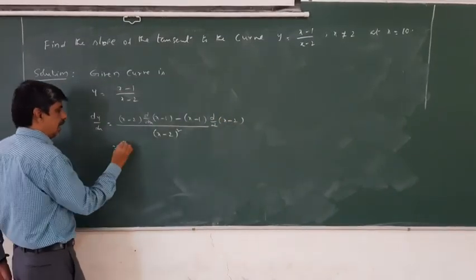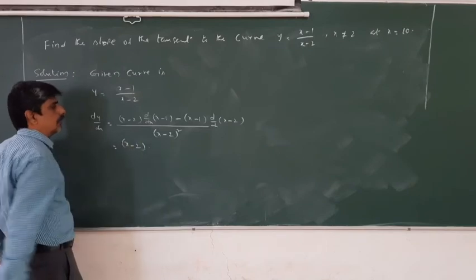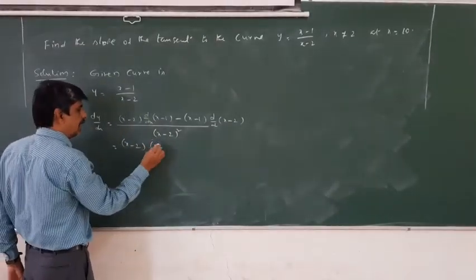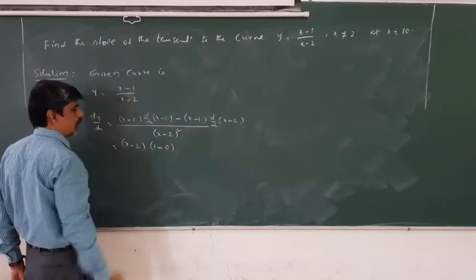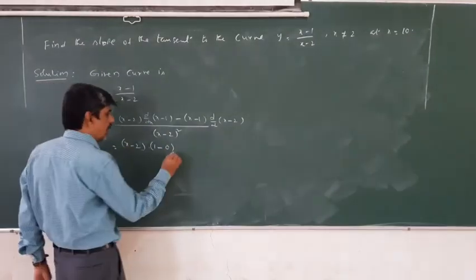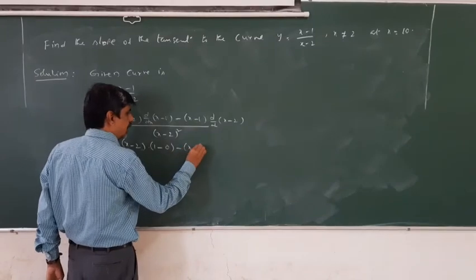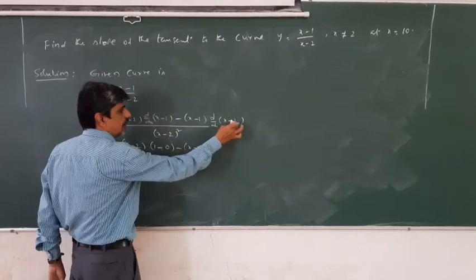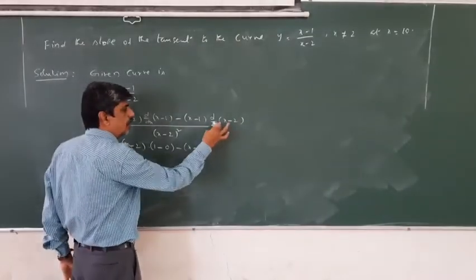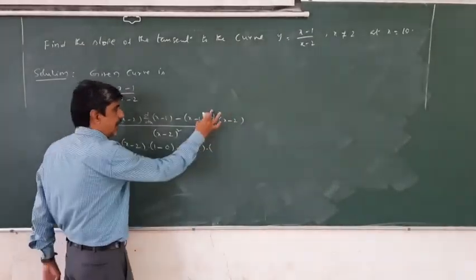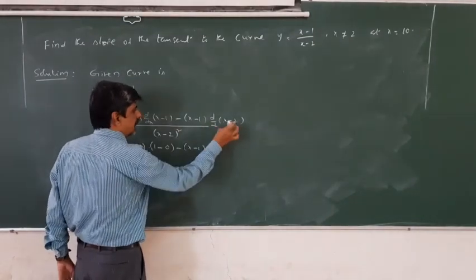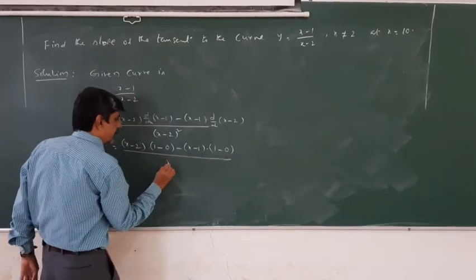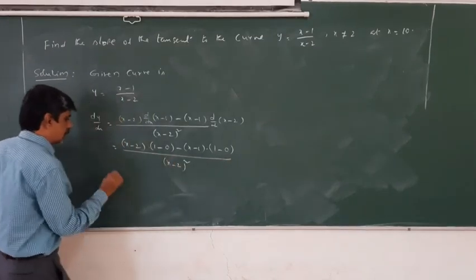So this is x minus 2 into d by dx of x minus 1, d by dx of x is 1 minus d by dx of constant, the derivative is 0, minus of x minus 1 into d by dx of x minus 2, that is d by dx of u minus v, d by dx of u minus d by dx of v. d by dx of x is 1 minus d by dx of constant, by x minus 2 whole square.